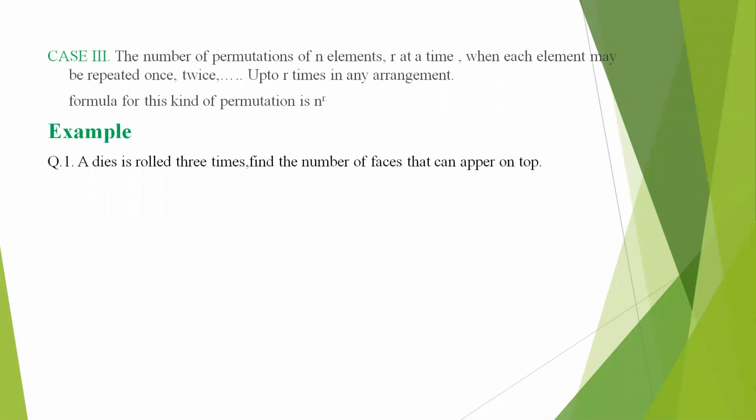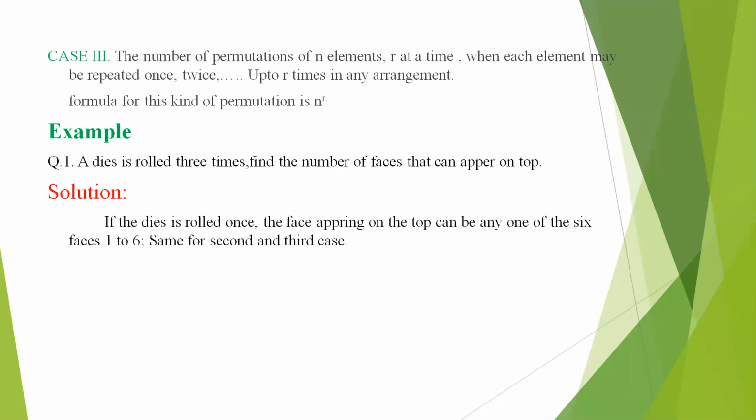Suppose a dice is rolled 3 times. Find the number of ways the faces can appear on top. Now, if the dice is rolled once, the face appearing on top can be any one of the 6 faces from 1 to 6.